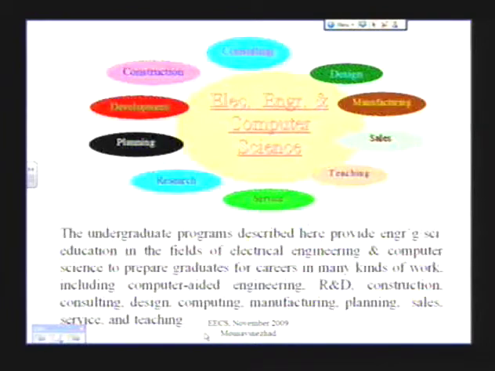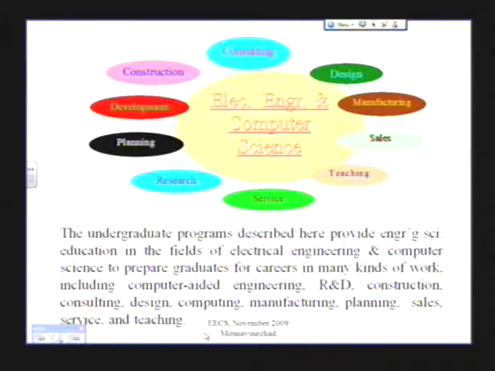Here I'm talking about electrical engineering and computer science, and these are the kinds of jobs available: design, manufacturing, service, teaching, research, planning, the kinds of jobs they do when they graduate as electrical engineer, computer science major, computer engineer, as well as some other engineers.